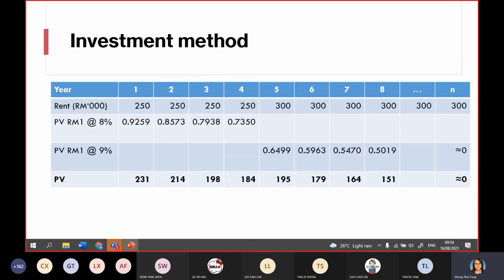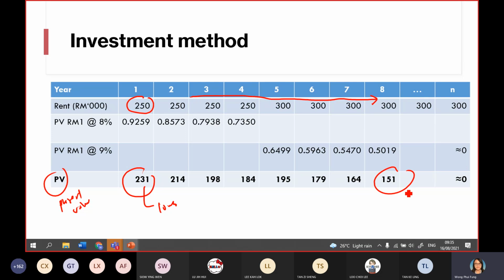Okay. All right, so this simple chart again, I show you. Let's say 250,000 that you are going to collect next year. But when you calculate back to today's value, PV means present value, it actually becomes a bit lower. So similarly, the longer the year, the value becomes even smaller.